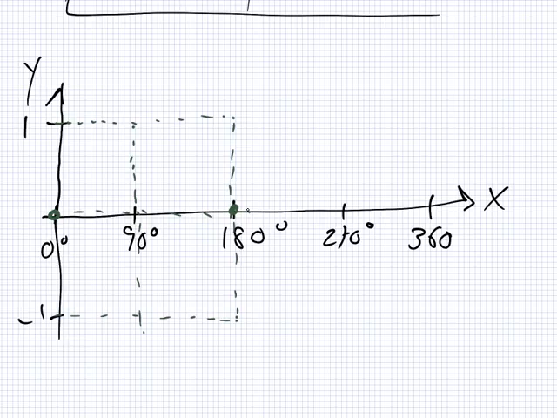And cos should start where? Cos should start at 1, and then it drops down and finishes back at 1. However, this is a minus cos, so it's flipped upside down.